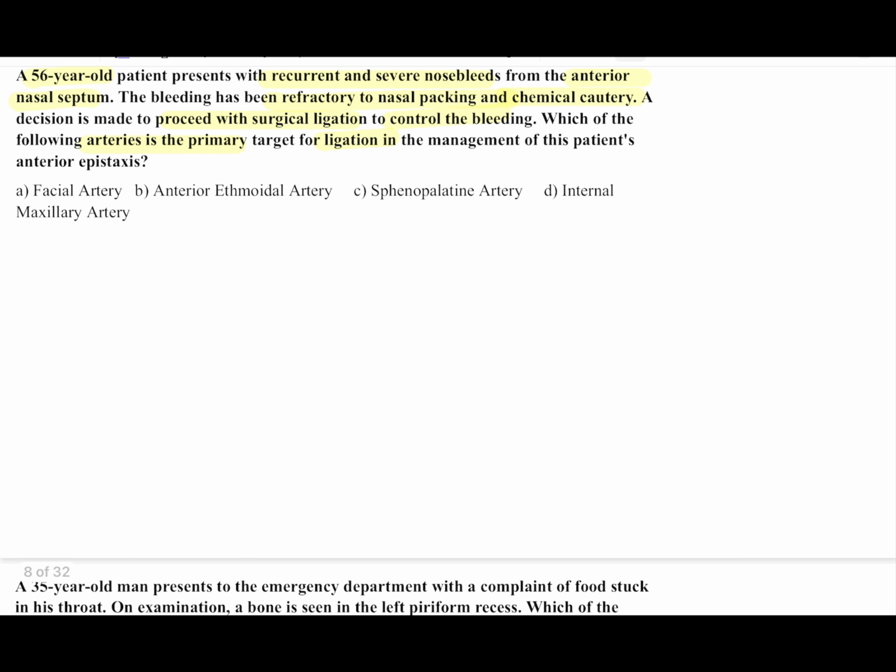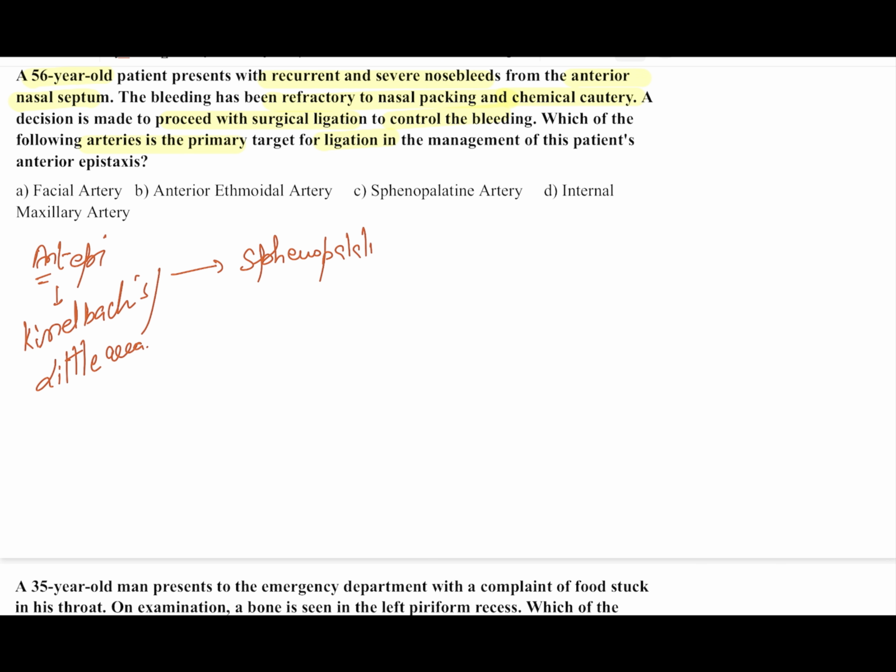I think most of you know that anterior epistaxis is mainly because of Kiesselbach's plexus, which is also known as Little's area. If you know the blood supply of this area, the major contributor is the sphenopalatine artery.